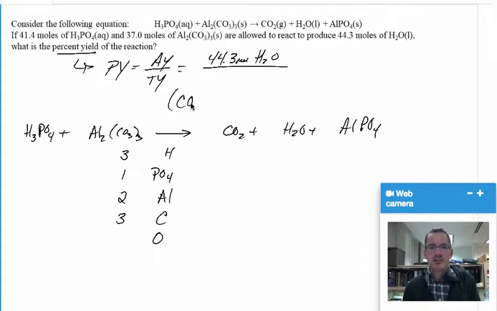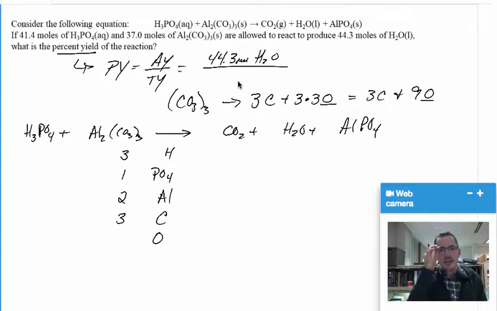By saying I have CO3 three times, what I have is 3 carbons and 3 times 3 oxygens, or 9 oxygens. So you always have to pay attention to the subscript in the parentheses. That subscript outside of the parentheses accounts for every atom that's in there. Which means for the oxygen on the left-hand side, I'm only going to use 9. I'm not including those 4 from the phosphate ion because I'm keeping that phosphate together.